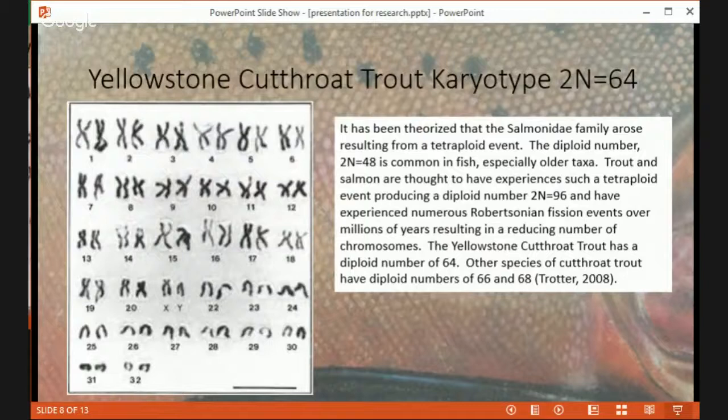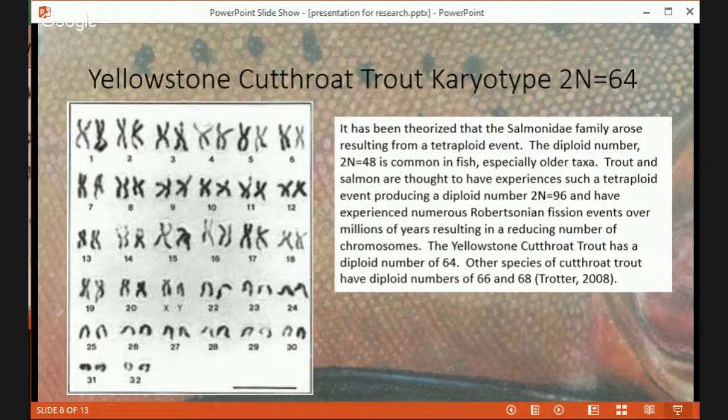So this is a karyotype of a Yellowstone cutthroat trout. Yellowstone cutthroat trout have 64 chromosomes. Old fish species, like fish species that haven't really changed much in a long, long time, generally have 48 chromosomes.